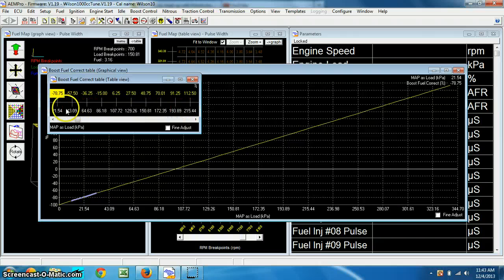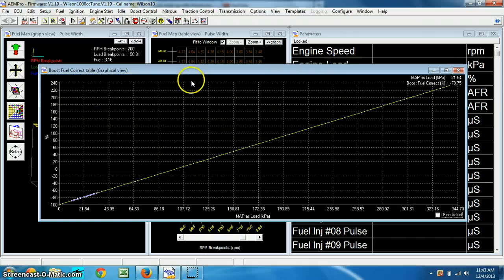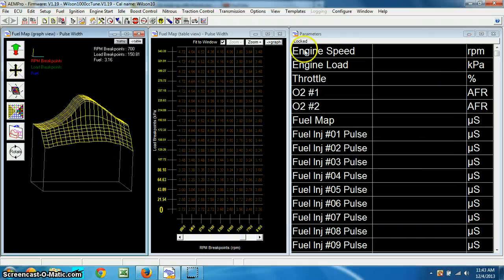It's basically like having a built-in VE table, and then instead of actually having VE numbers like before, you have just the pulse width, and it just adds that percentage of fuel, and that's basically your torque curve, which is just like a VE. So that's boost comp, and that's what Pat's running.